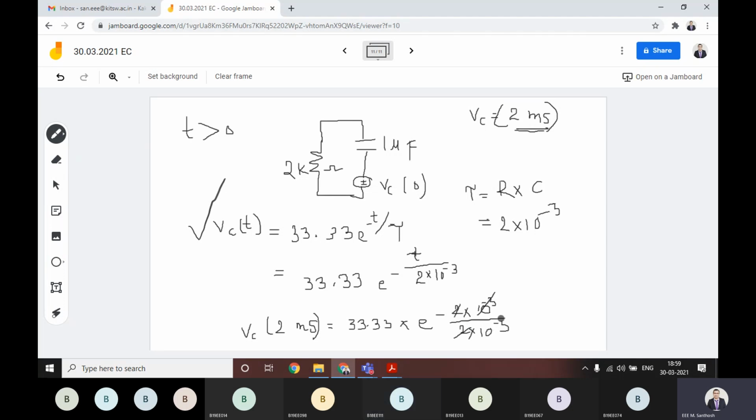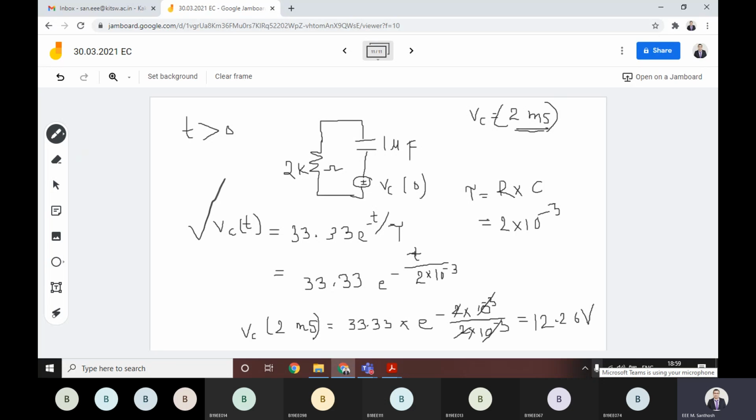Yes, sir. Milliseconds, okay. That means e power minus 1. You have to multiply by 33.3. How much are you getting? 12.26 volts. Directly, this is the value for 2 millisecond.